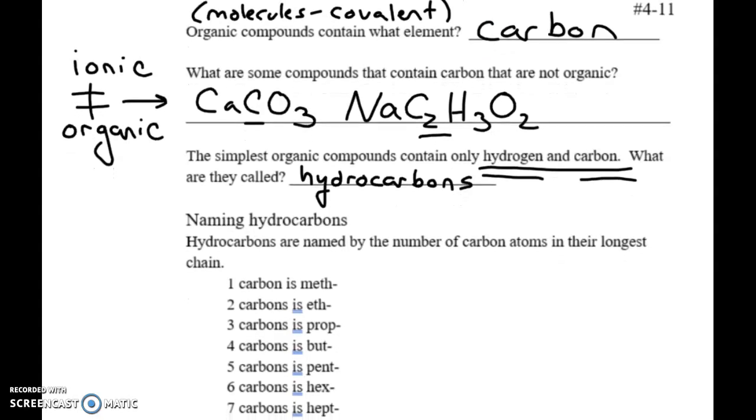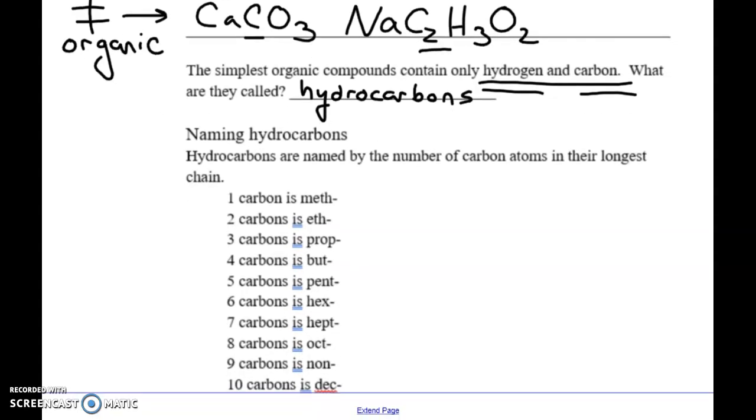So we're going to focus on how to name these and how to categorize them, and we're going to be using some prefixes. They are named based on the number of carbon atoms in the longest chain. Basically, the more carbon atoms you have, the different prefixes we're going to use.